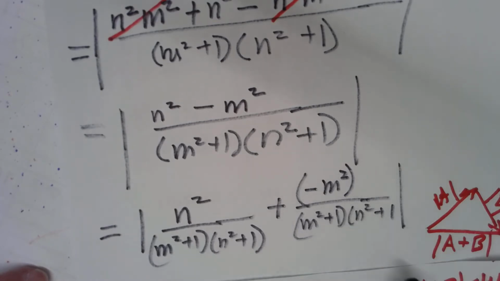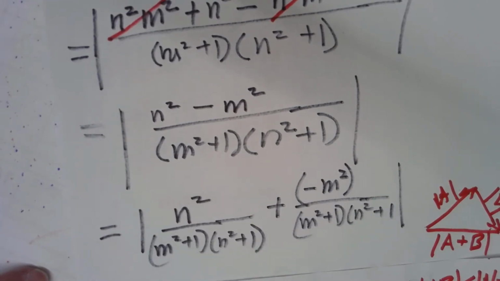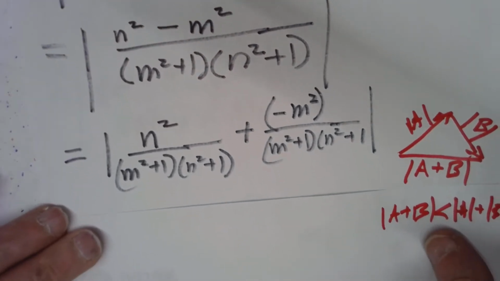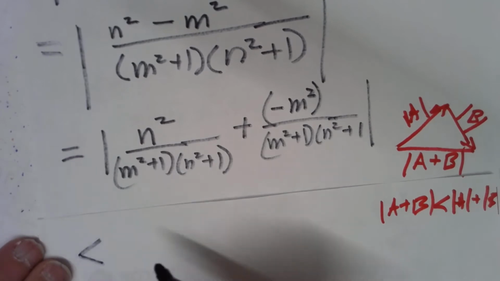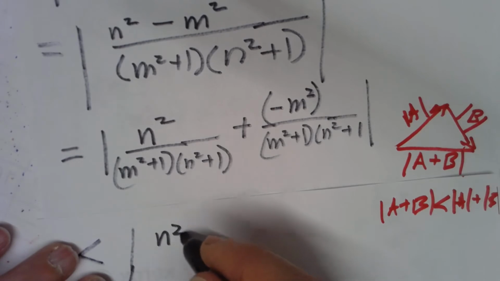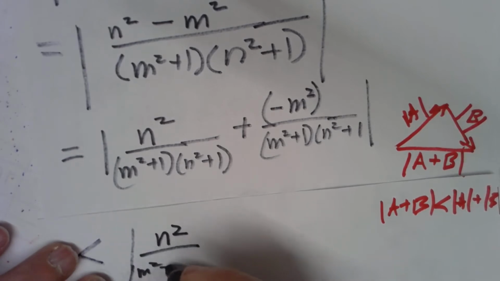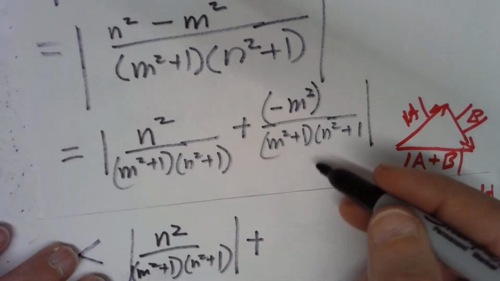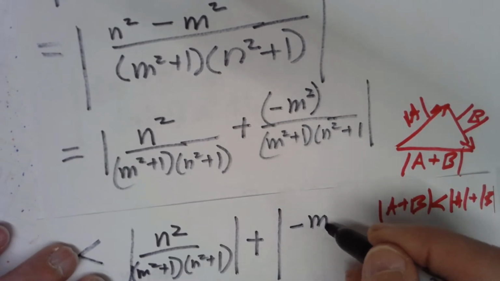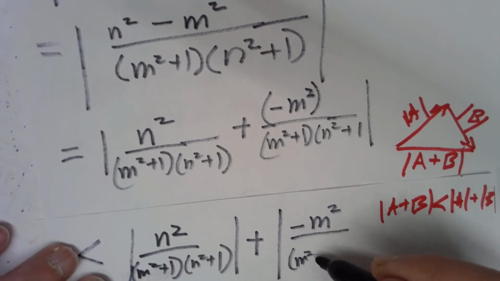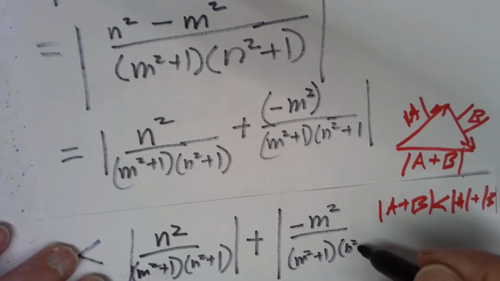So this part here would be the a plus b part. We can say this would be less than the magnitude of n squared over m squared plus 1 times n squared plus 1, plus the absolute value of negative m squared over m squared plus 1 times n squared plus 1.